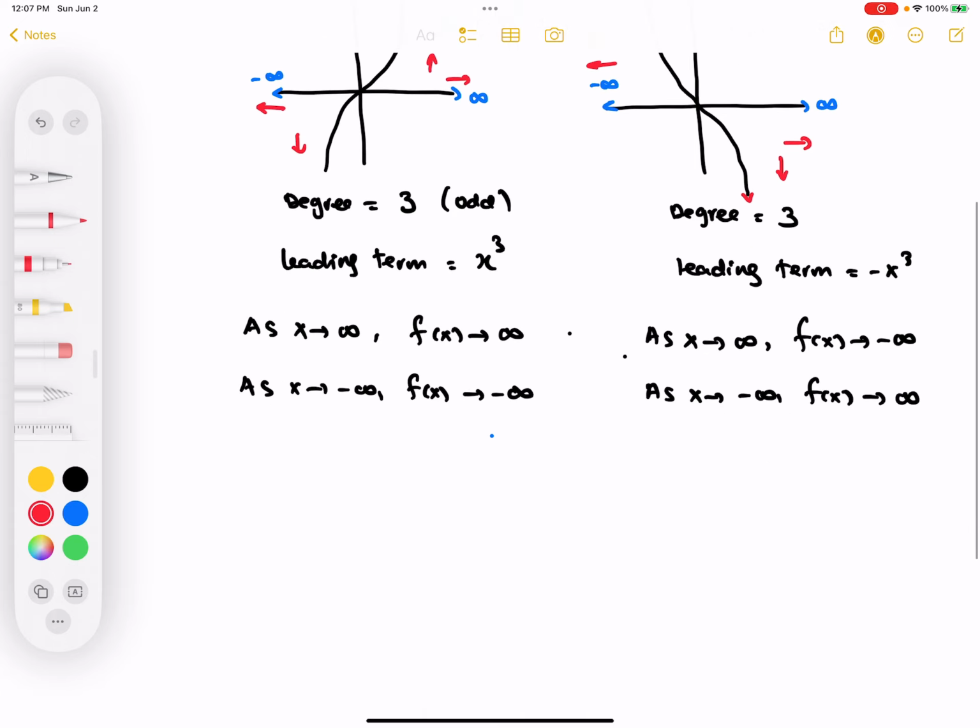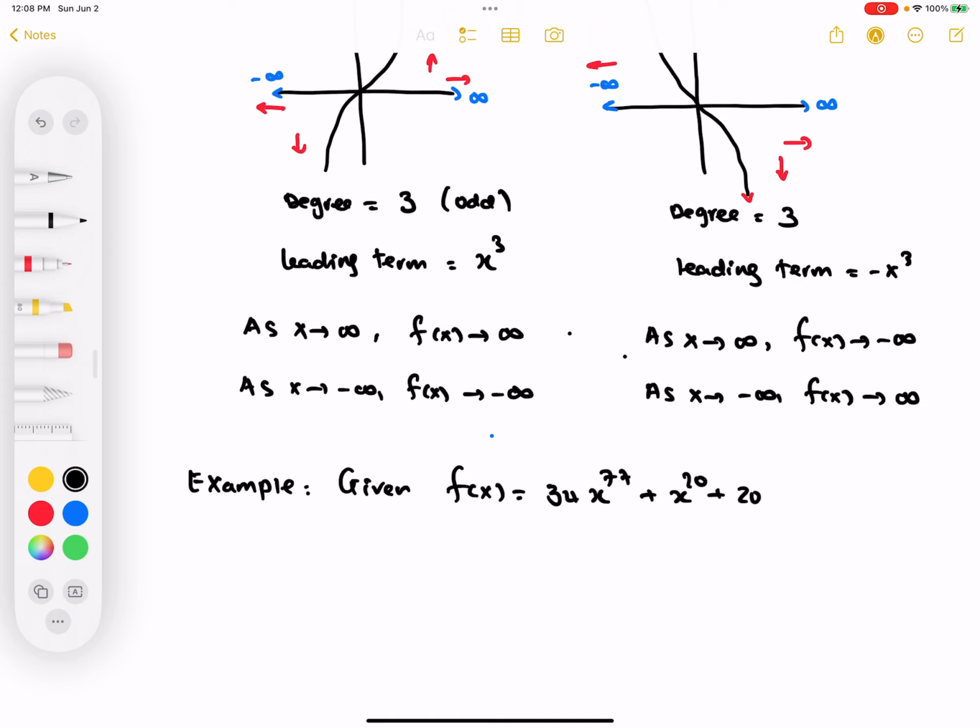Now let us see an example. Given f of x equals 34 x to the 77 plus x to the 20 plus 20 x squared minus 100.